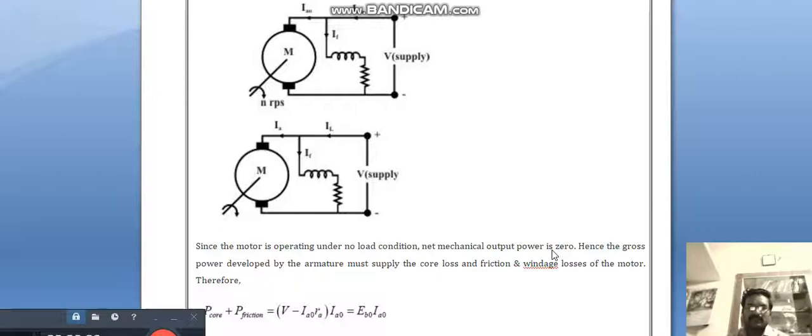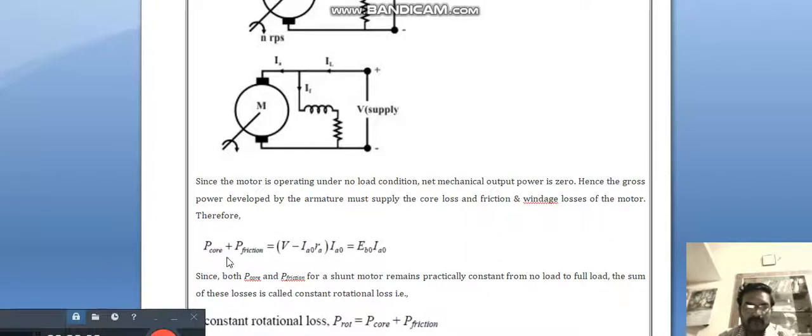Hence the gross power developed by the armature must supply the core loss and the friction and windage losses of the motor. Therefore, P core plus P friction is equal to (V minus Ia naught Ra) multiplied by Ia naught, so we get Eb naught Ia naught.